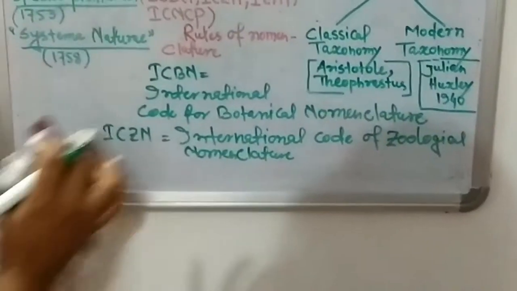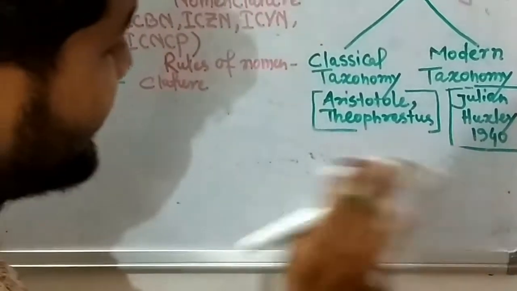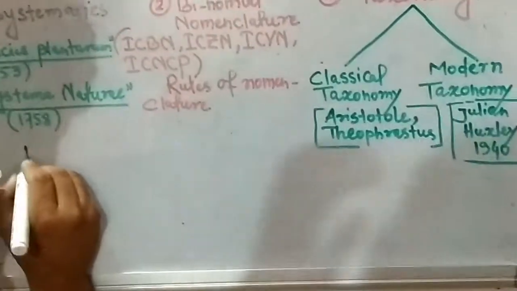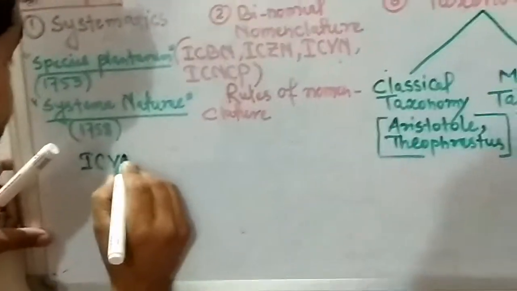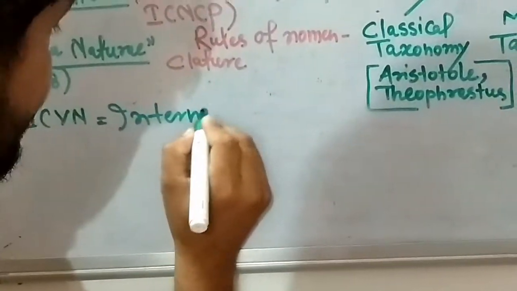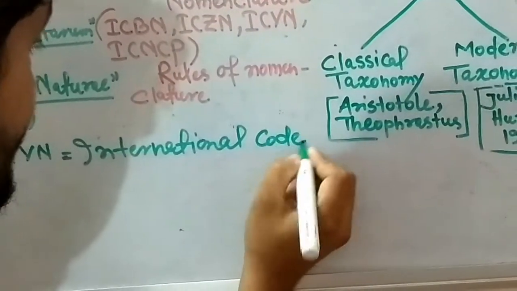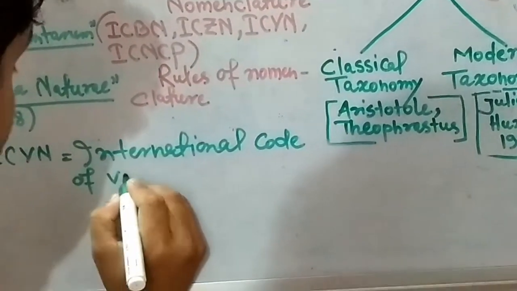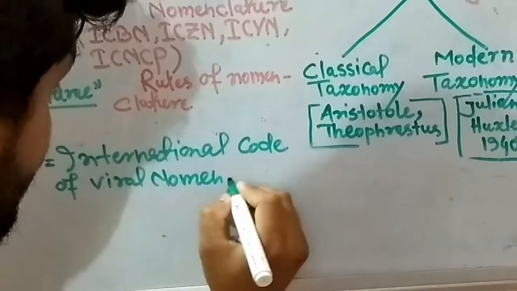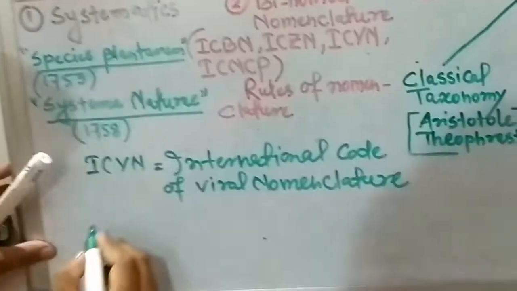Likewise, ICVN also has a full form. ICVN means International Code of Viral Nomenclature. Next, ICNCP.